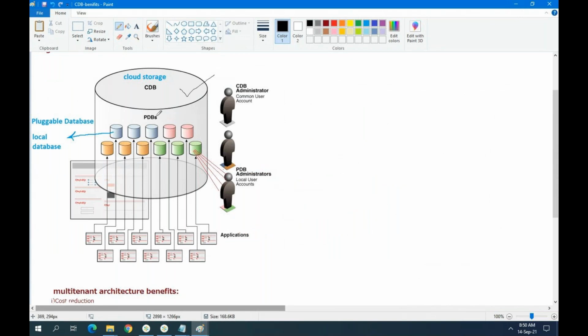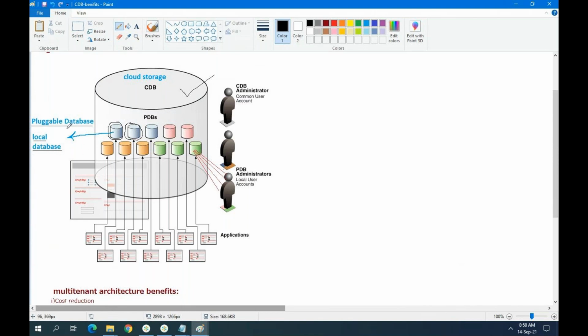Under this cloud, for each branch, we are maintaining a small database. These small databases are known as local databases or pluggable databases.